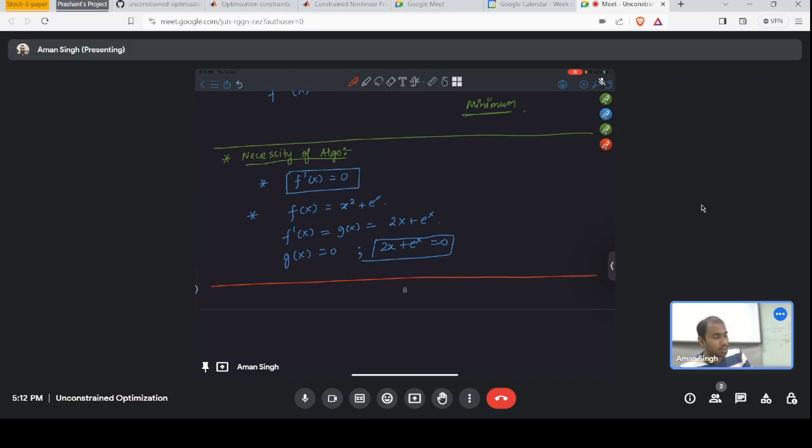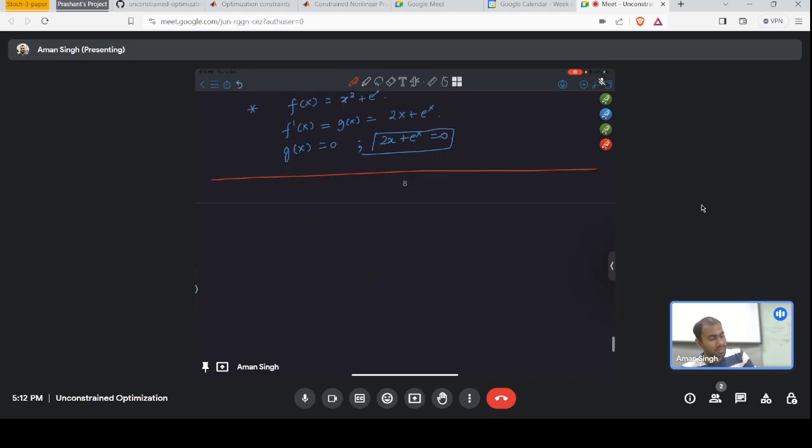So to summarize everything, today we studied the first order necessary conditions for optimality.